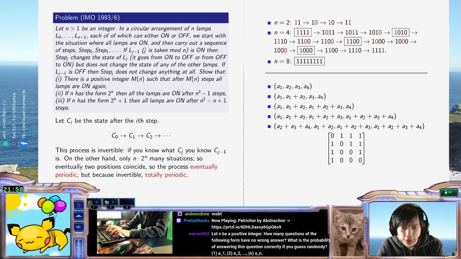Okay, next the partial sums are 1 and then 1 0 0 1 1 0 0. And then the partial sums are... this feels good. This looks like good data.